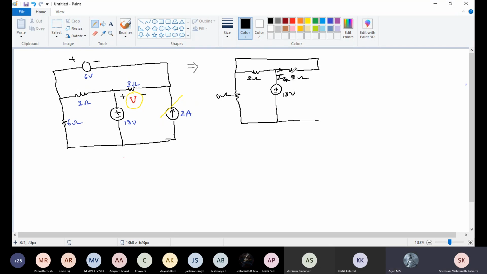Current flowing in the 3 ohm resistor is I3, because the current flowing from this source is the total current IT. It's going to divide into two currents. This current I am going to take as I 3 ohm, with voltage V. Now I can rearrange this circuit.